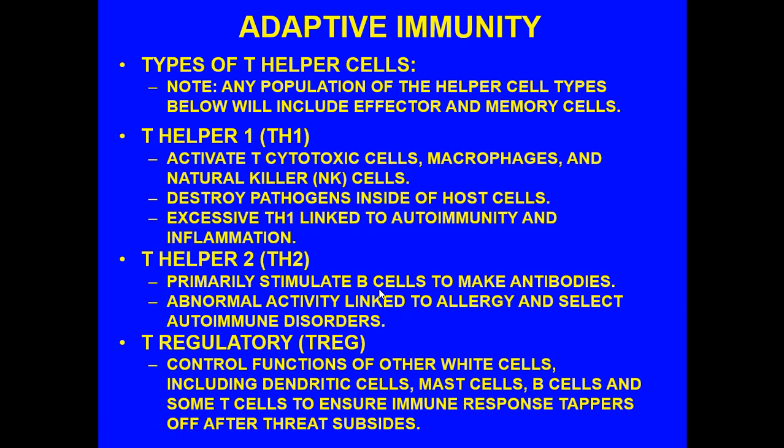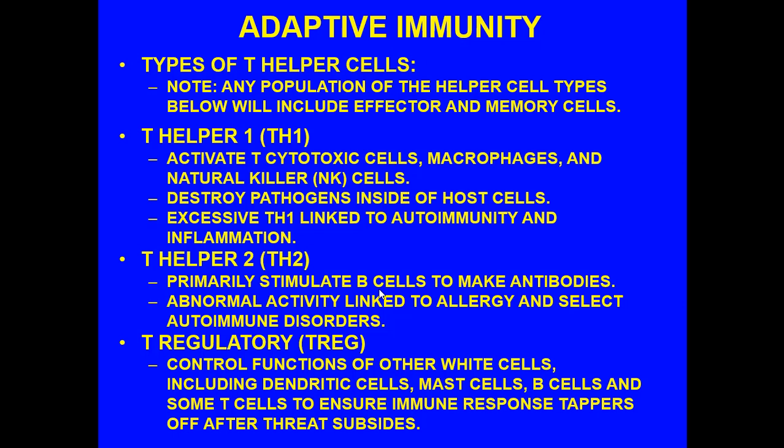But as I mentioned earlier, there are several different types of T helper cells. Now, you want to keep in mind that any population of helper cell types below will include effector and memory cells. So in each one of these classifications, there's both an effector class and a memory cell class. So the memory ones will also be acting as sentinels and will be in the lymphatic tissues on standby.